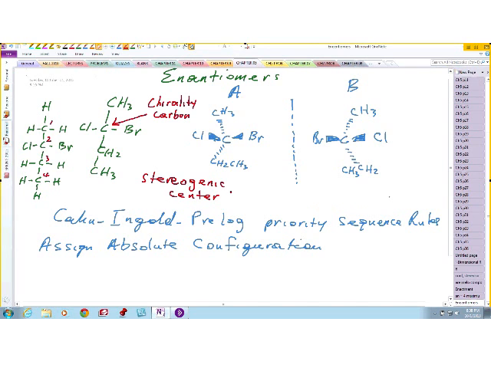So in the Cahn-Ingold-Prelog priority sequence rules, you assign absolute configuration to the chirality center. So I will call this chirality carbon, okay?